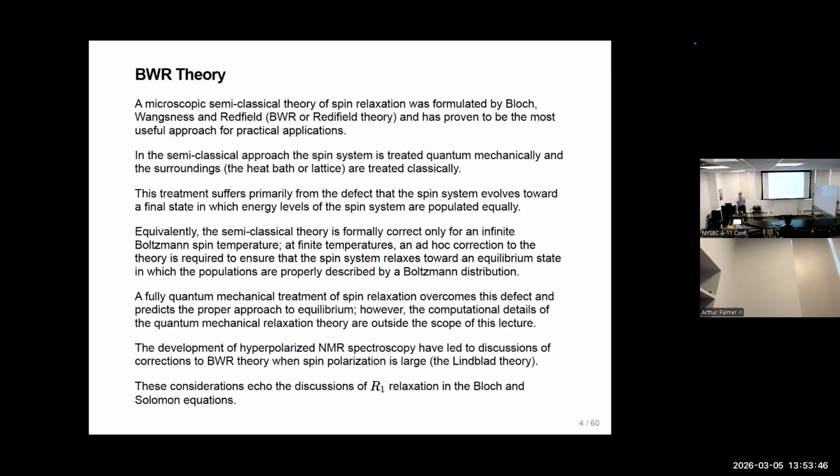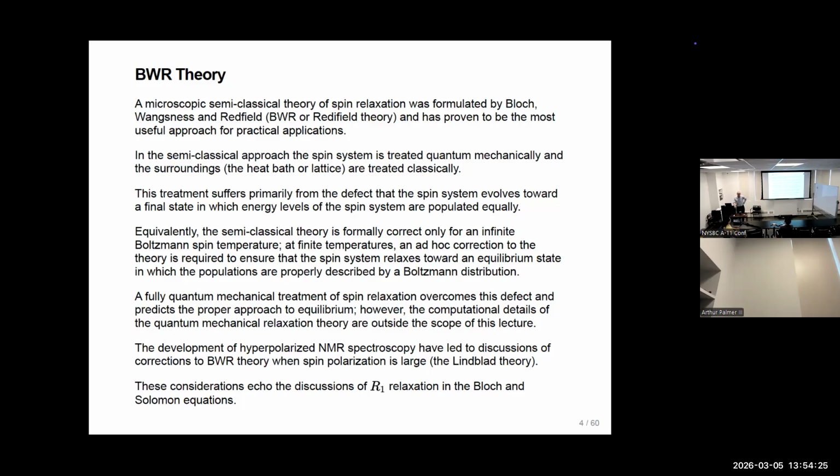There's another bit that has come to be of some interest in the literature. When BWR theory was developed, it appears that the originators of the theory recognized that it was going to be applicable to small degrees of polarization, small differences between alpha and beta state populations.